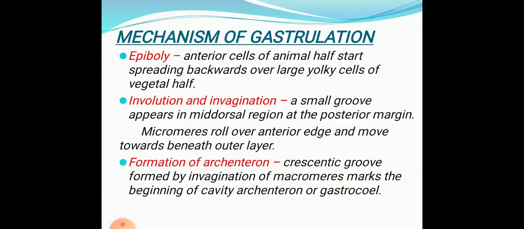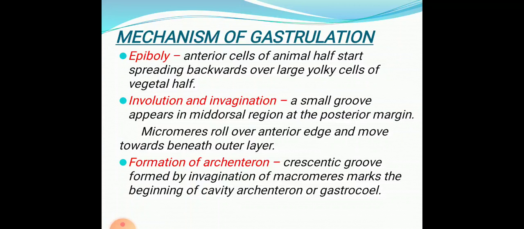So the groove appears below the gray crescent region and the macromeres move into the embryo through this groove and form the endoderm. This movement of endoderm into the embryo is called invagination.